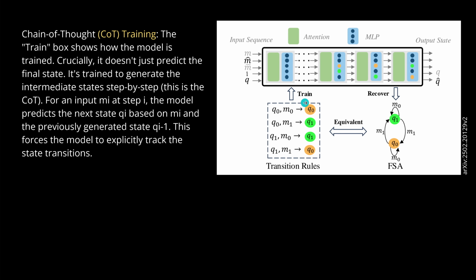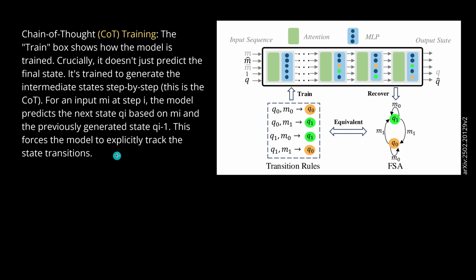You know what? We can train this transformer on sequences with our transition rules, so chain-of-thought training. The train box shows how the model is trained: it doesn't just predict the final state, it's trained to generate the intermediate steps one by one. This means the chain of thought.